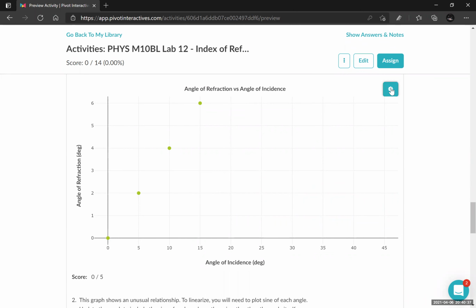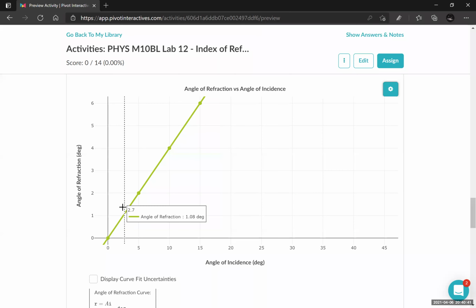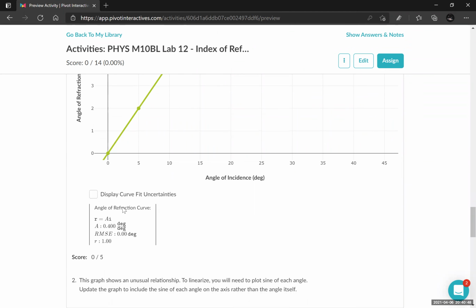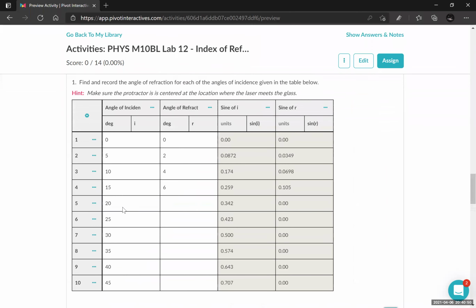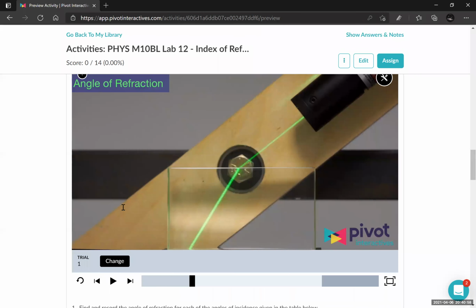Once you get the curve, you should be able to use a proportionality curve, or linear fit, and from there you can get the slope. Once you get all the data points and the slope, as I mentioned, you should be able to use the slope to get the index of refraction of this glass.